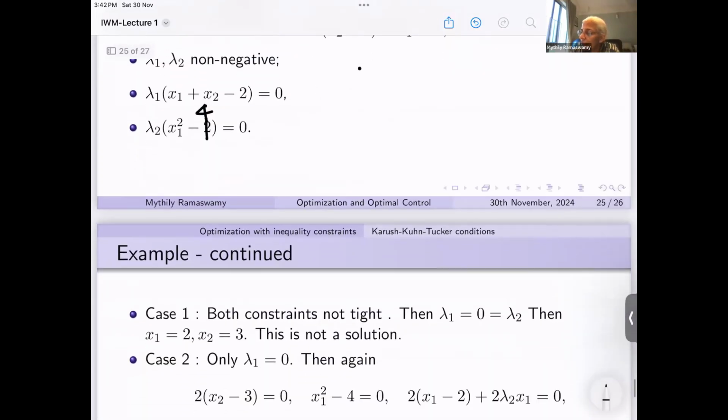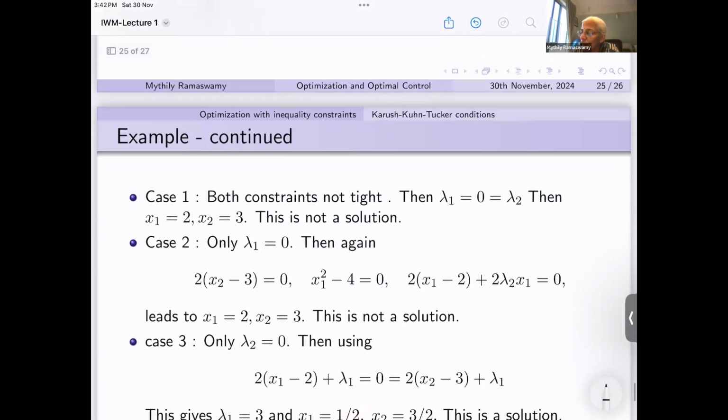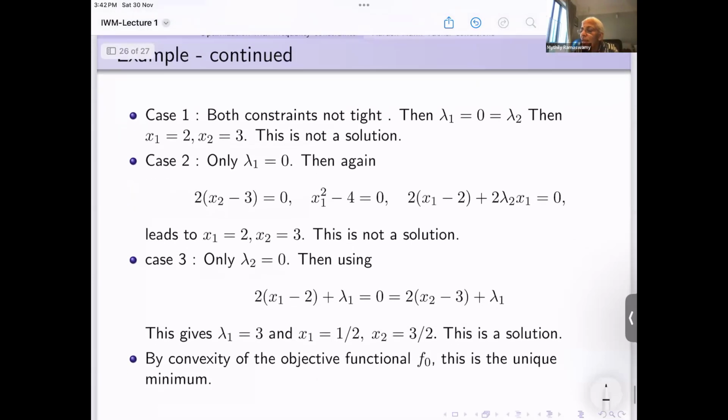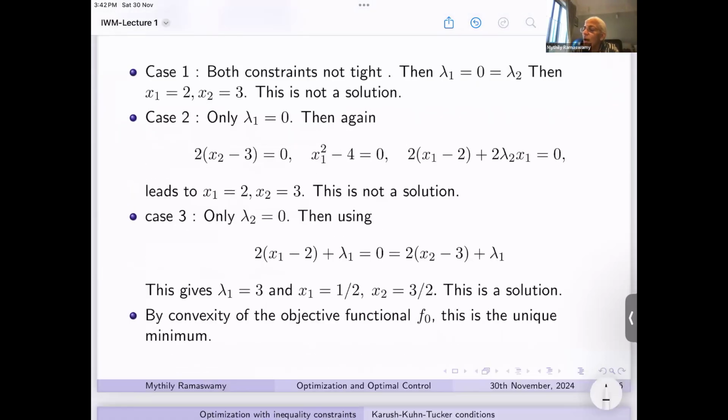I think I tried to solve for lambda 1. That gave me 3. Lambda 1 happened to be 3, and then x1 was half, x2 was 3 by 2. This is an acceptable solution because x1 plus x2 is 2, which is admissible, and modulus of x1 is strictly less than 2, which is also acceptable. So this is the possibility. Lambda 2 is 0. Lambda 1 is different from 0, but it's positive.